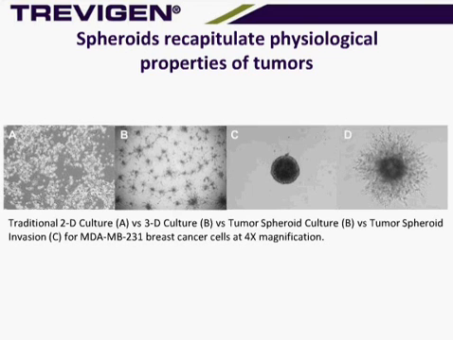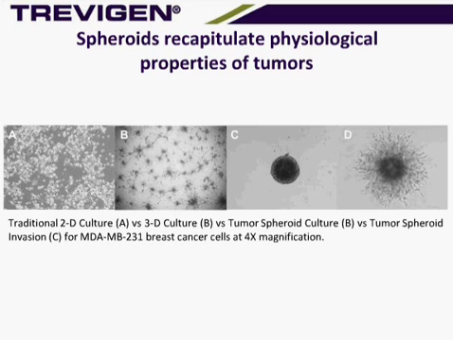Figure C is our tumor spheroid model. And we see one spheroid within the plate. Okay, and what's important is the size. The spheroid needs to be large enough to where it can recreate some of these physiological properties associated with tumors.